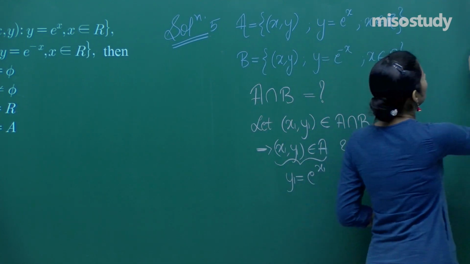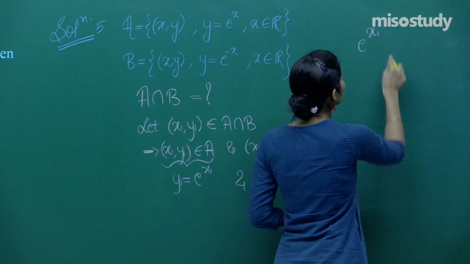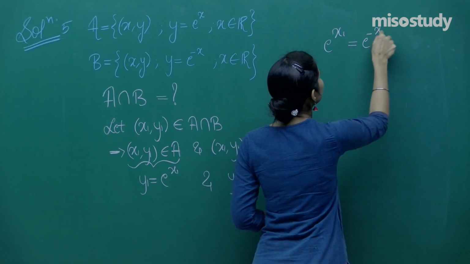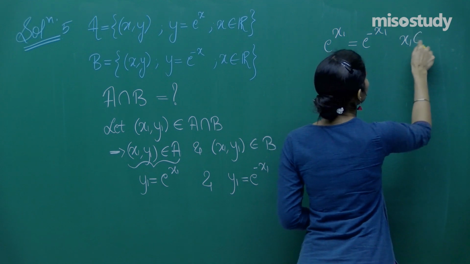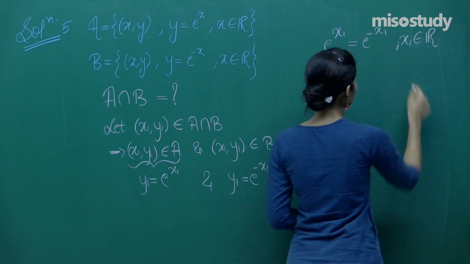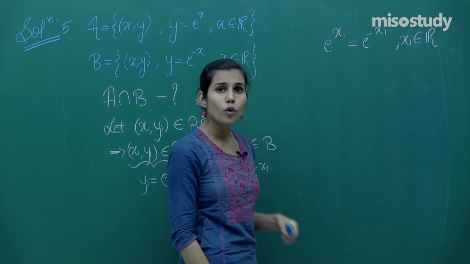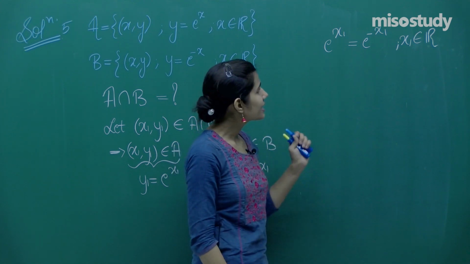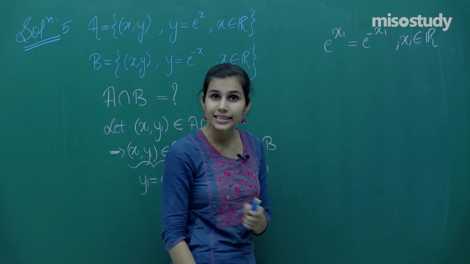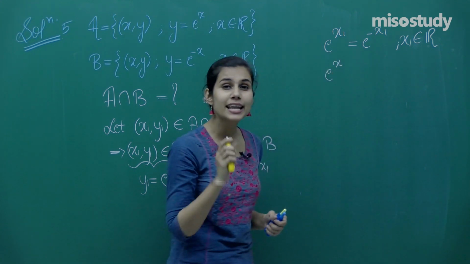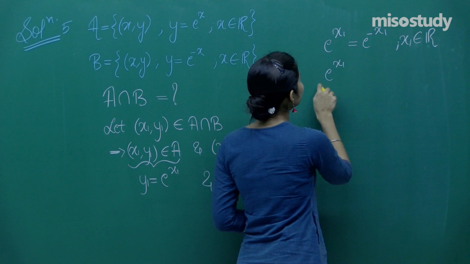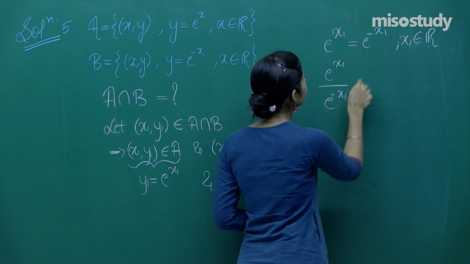Let's start that. When do you think is e to the power x1 same as e to the power minus x1? When x1 is a real number. For which real number should e to the power x1 be same as e to the power minus x1? You know that a real exponential function is never 0 and therefore I can take it in the denominator.